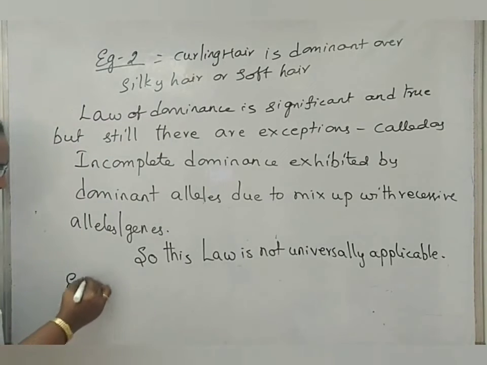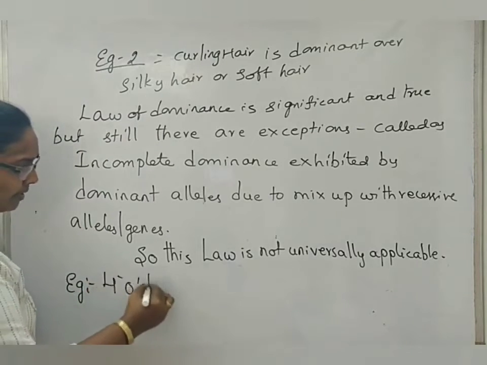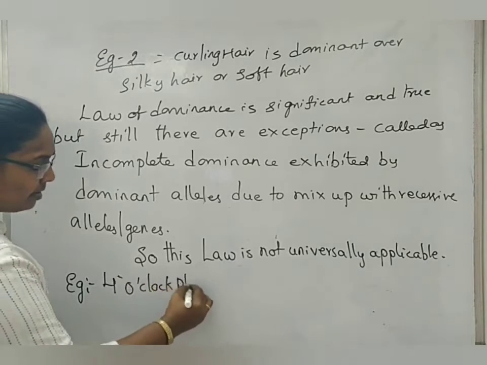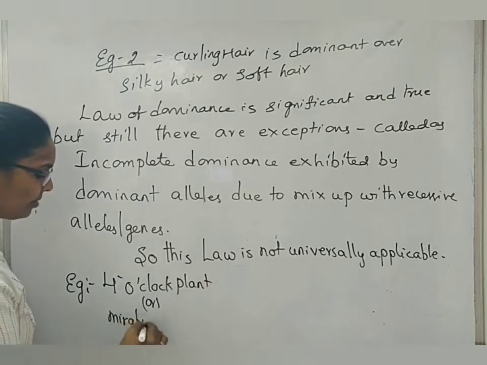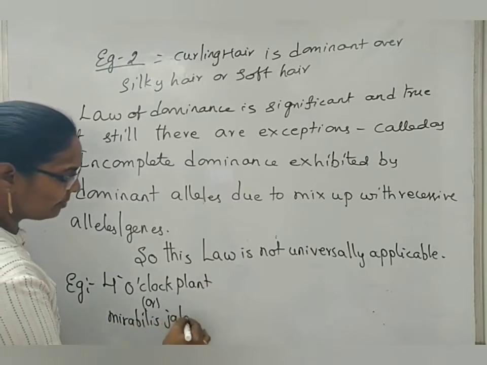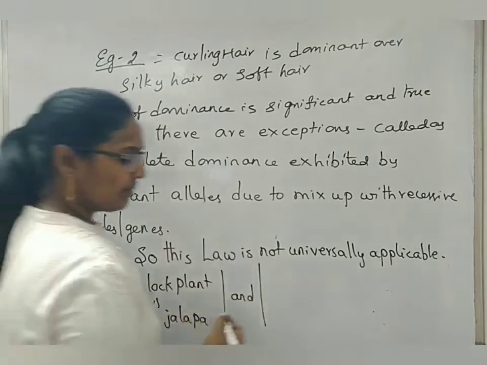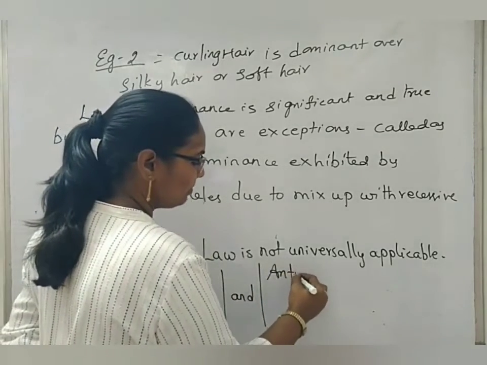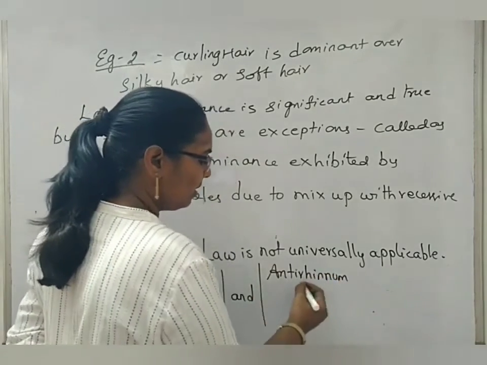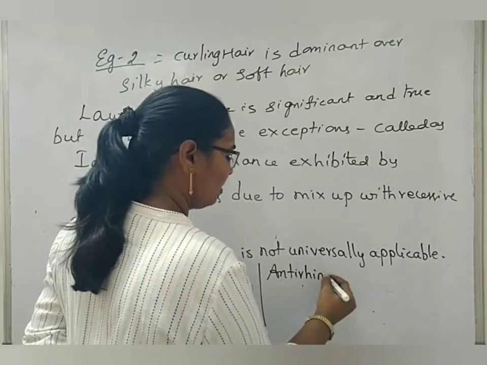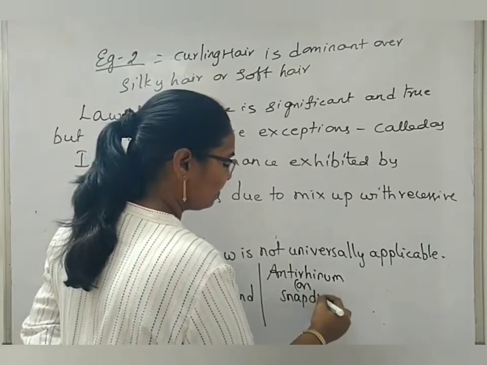The best examples are the 4 o'clock plant, which is also called Mirabilis jalapa, and another plant, Antirrhinum, which is also called snapdragon.